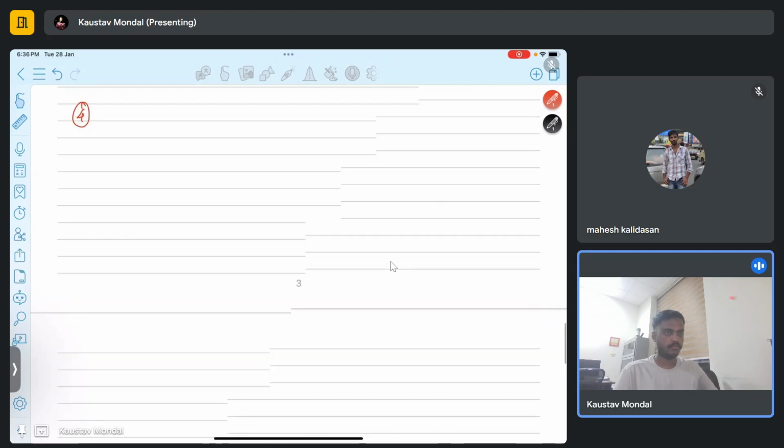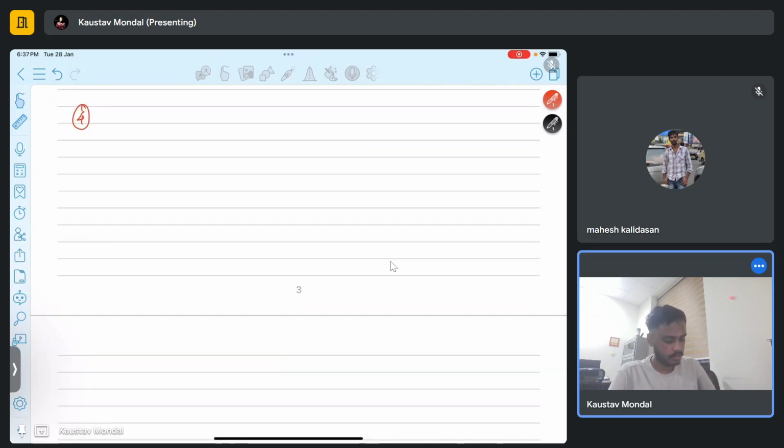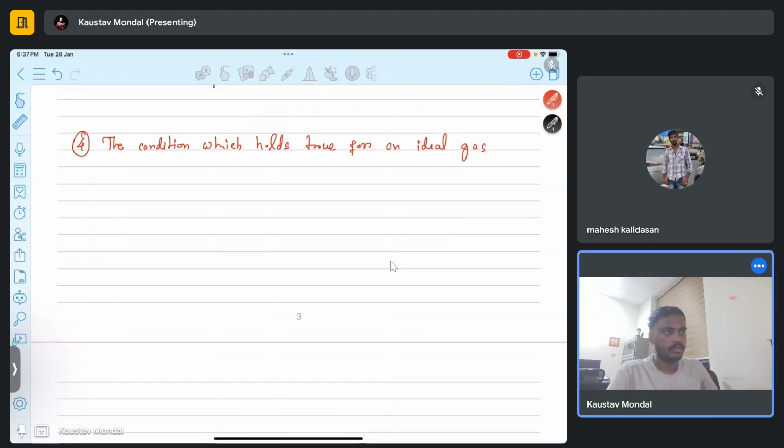Problem 4: the condition which holds true for an ideal gas undergoing free expansion under adiabatic process.